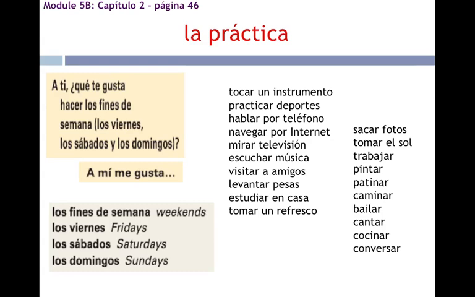A ti, ¿qué te gusta hacer los fines de semana? A mí me gusta visitar a amigos los fines de semana. Ready? ¿Listos?